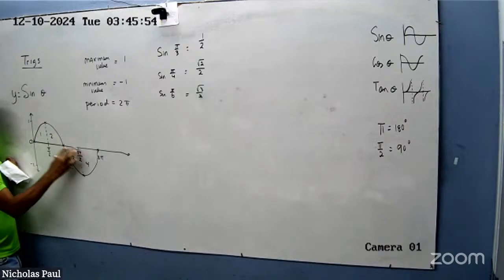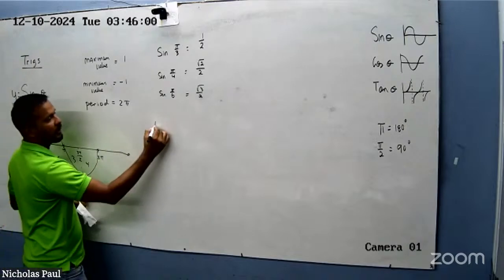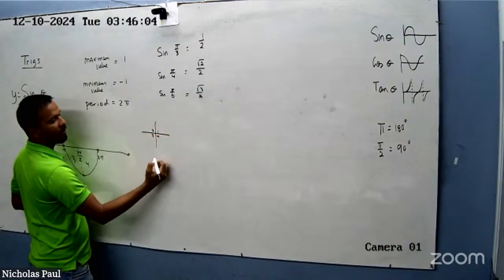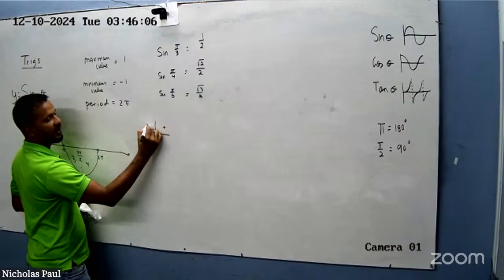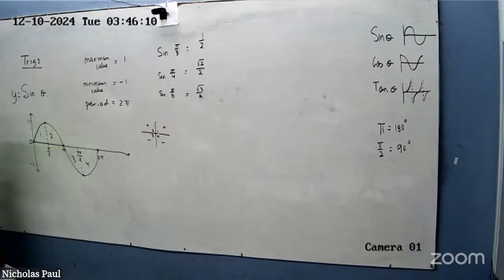We need to remember that. If I were to split it up into quadrants, sine is positive here, here, negative here, and here. So I want you to remember those things for sine.